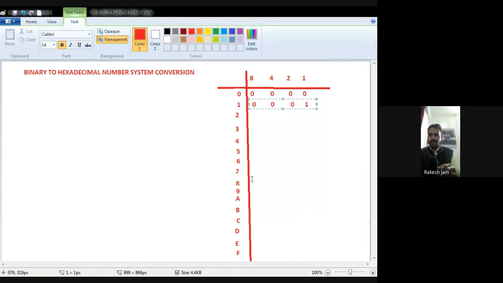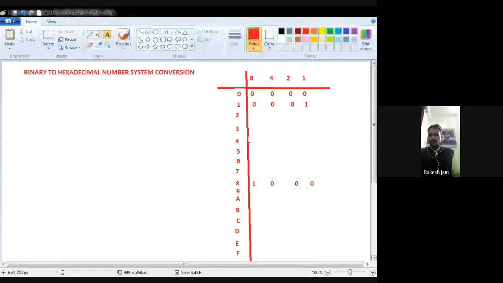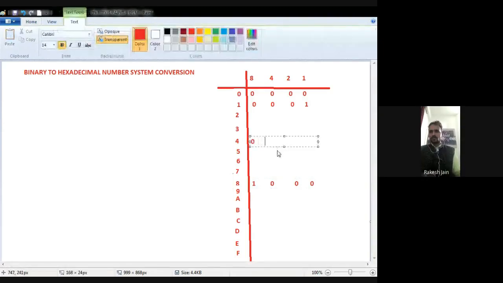We just see which number is present. For example, if we require the format of 8, then 8 is present, so at the place of 8 we write 1, otherwise it is not 4, not 2, and not 1. So 1, 0, 0, 0 is the binary representation of the hex number 8.